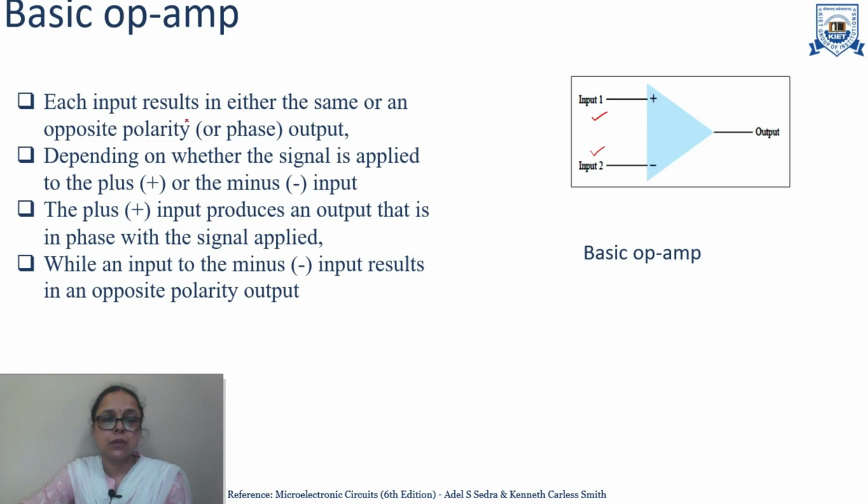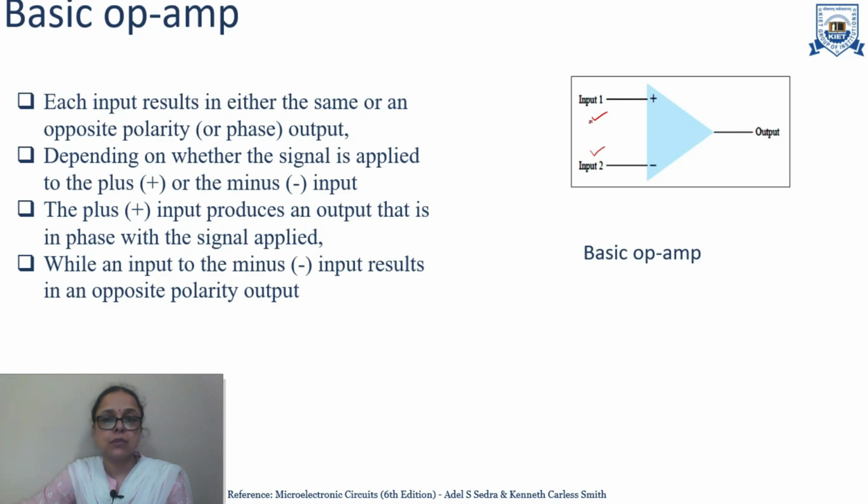Each input results in either the same or an opposite polarity of the output. Let us say we have applied the signal at the positive terminal, it produces the output that is in phase with the applied signal, and if we apply the input to the negative terminal, then the output will be out of phase or of opposite polarity with respect to the input.